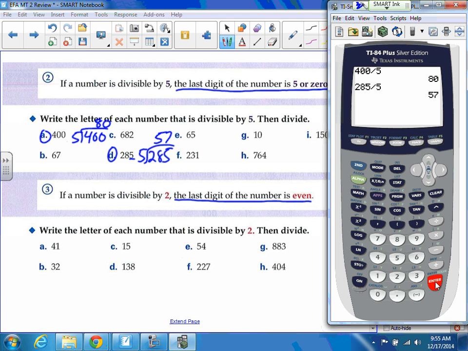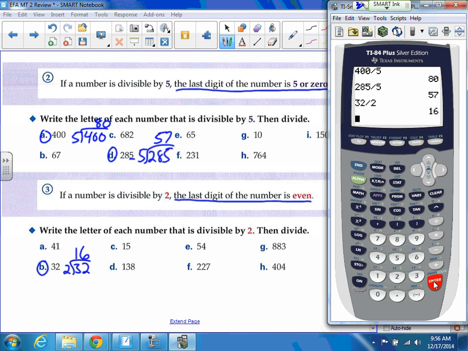When I look at A, 41, 1 is not an even number, so I'm not going to do 41. I look at B, it ends in a 2. That one's going to work because 2 is an even number. If we do 32 divided by 2, again, you can punch that in if you would like, and get 16 for your answer.